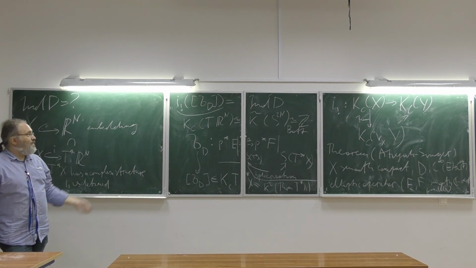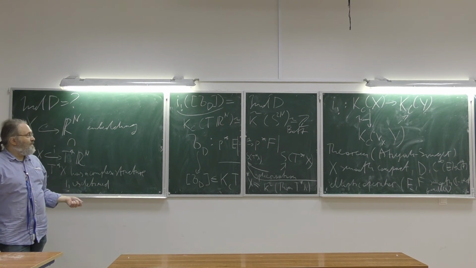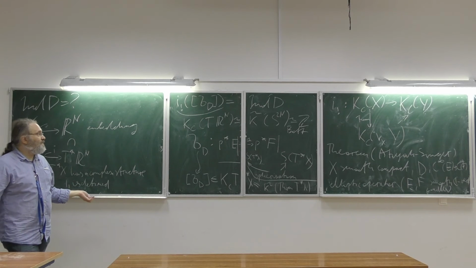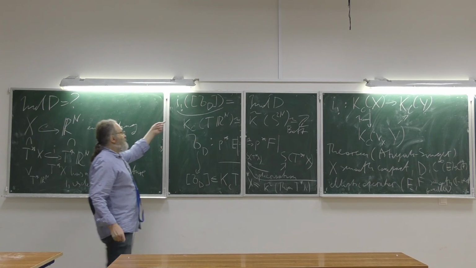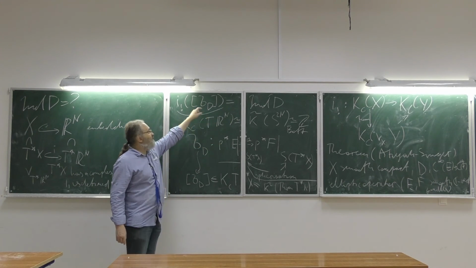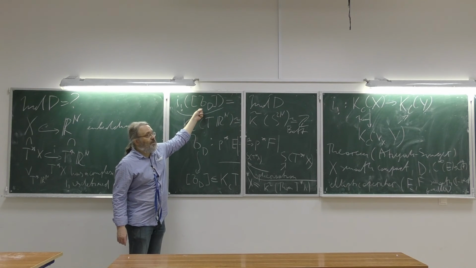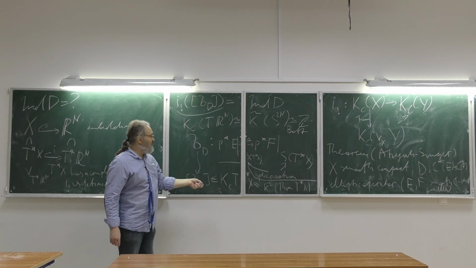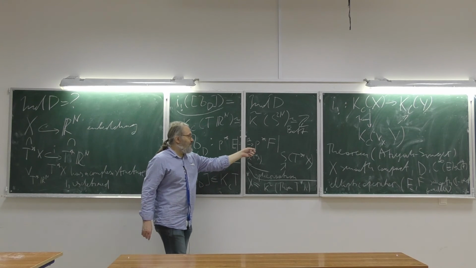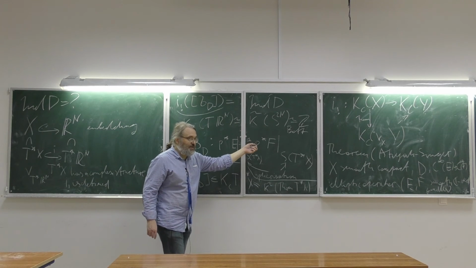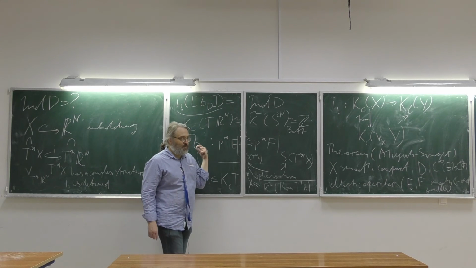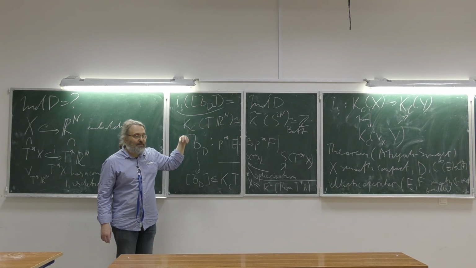Now we have a simple formula for the index, which only uses the element [sigma_D] in square brackets, which is constructed from sigma_D, and sigma_D is the symbol. So the index only depends on the symbol.